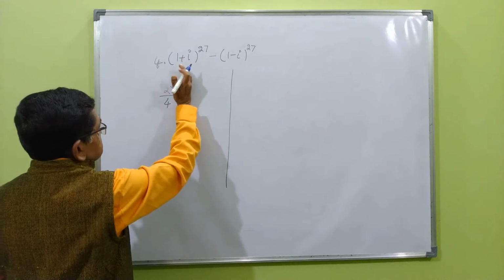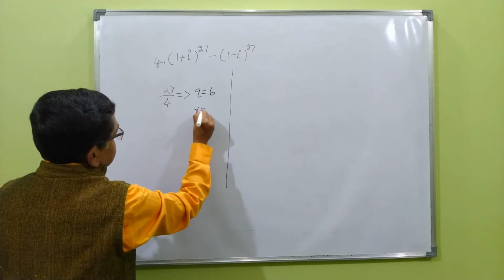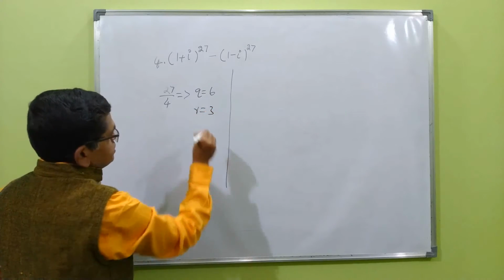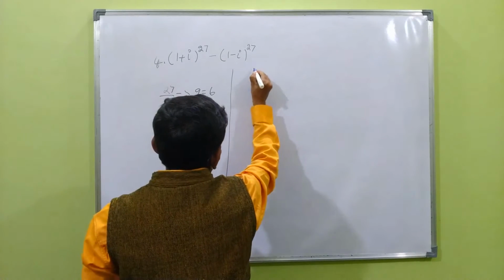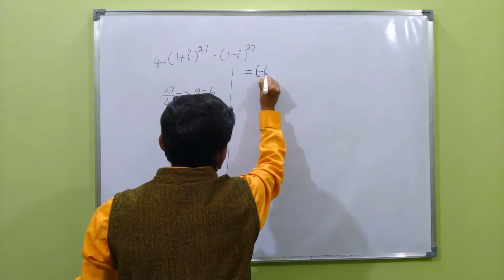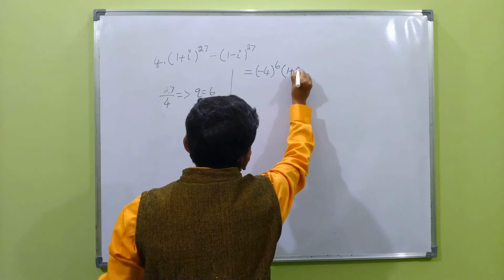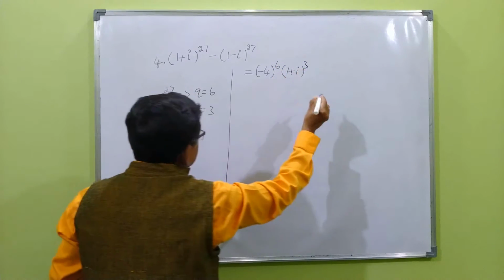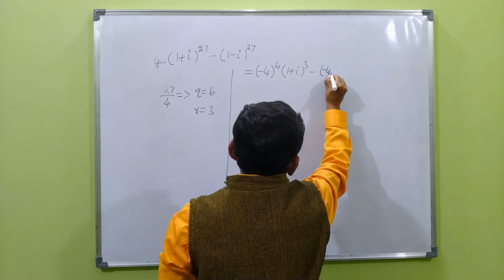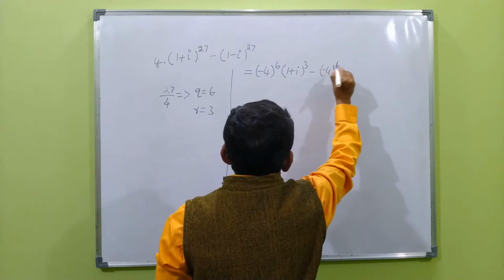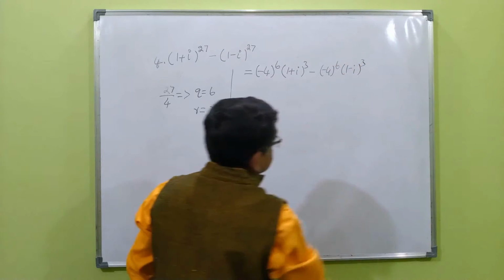So this implies q is equal to 6 and r is equal to 3, isn't it? So the answer to this will be minus 4 raised to 6, (1 plus i) raised to 3 minus minus 4 raised to 6, (1 minus i) raised to 3. So this is the answer.